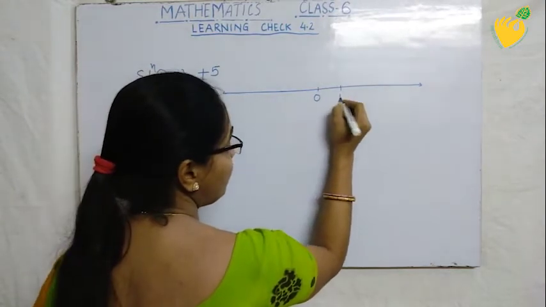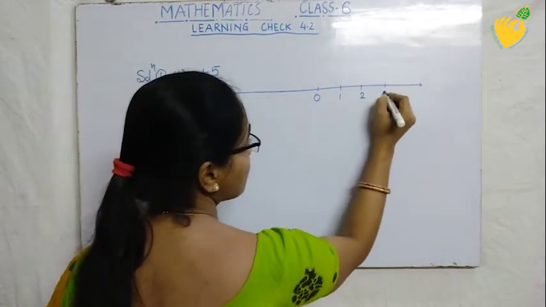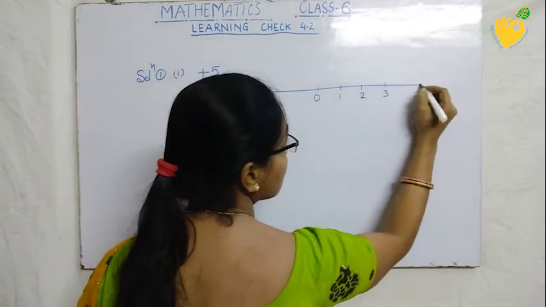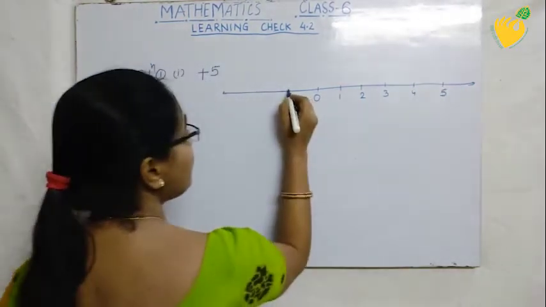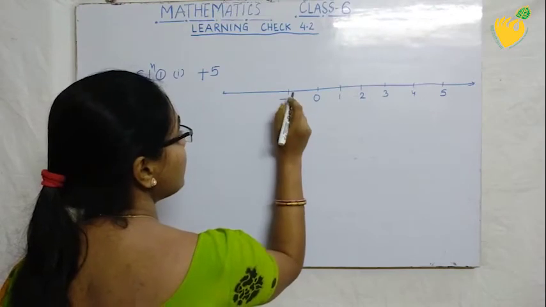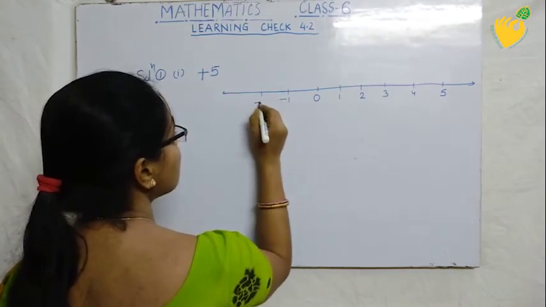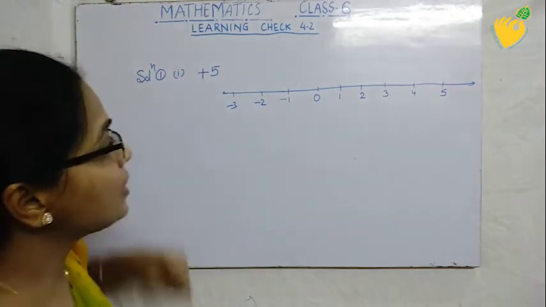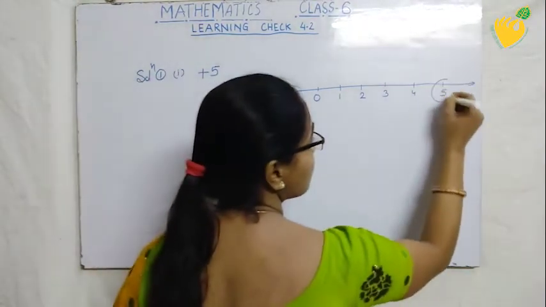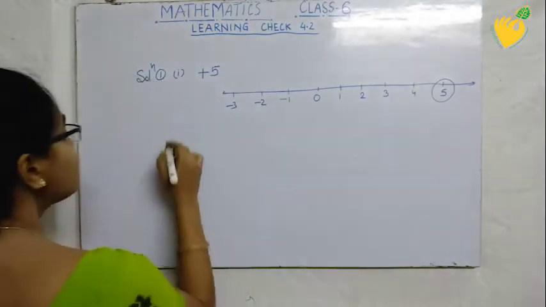On the right hand side, we write positive integers. And on the left hand side, we write negative integers, -1, -2, -3 and so on. We have to represent a positive integer plus 5, which is here.